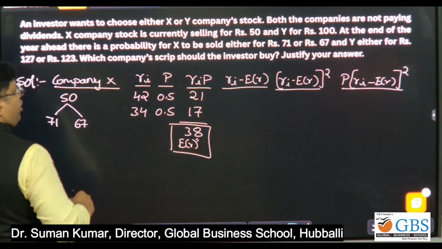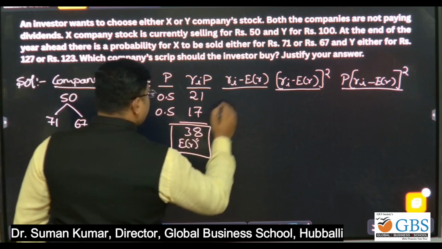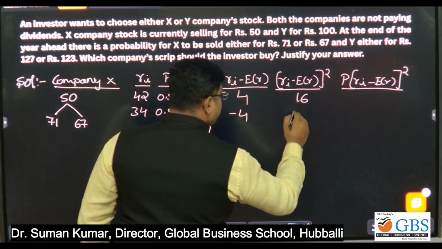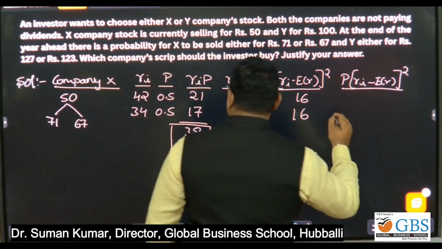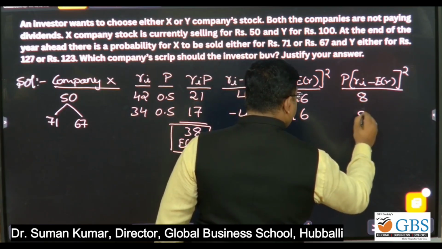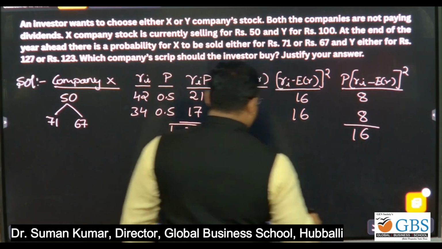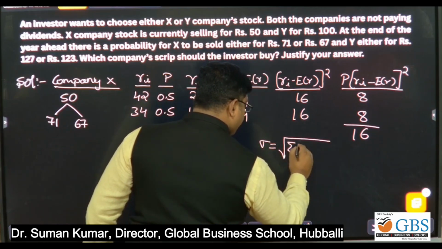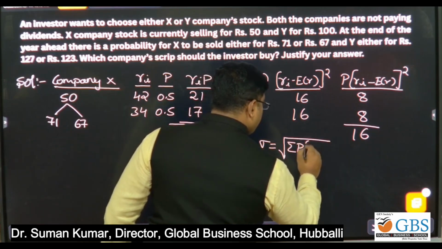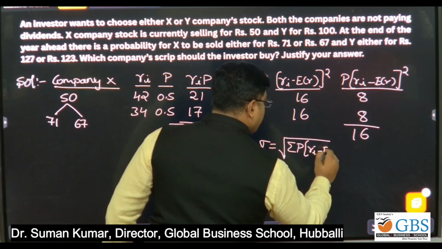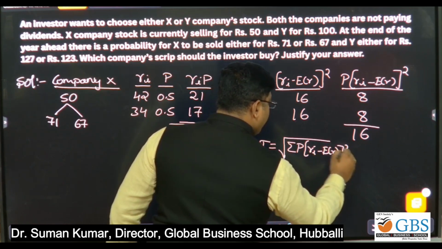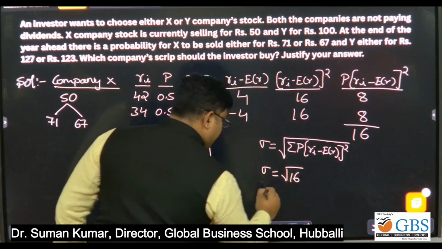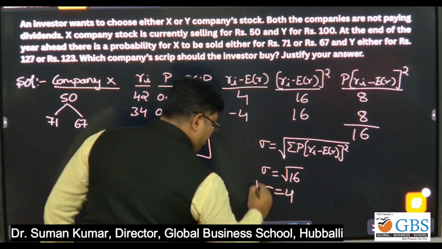Then 42 minus 38 is 4, 4 squared is 16, then 8 and 8, this is 16. Therefore, standard deviation is equal to square root of summation P into Ri minus E of R whole square, that is standard deviation is equal to square root of 16, standard deviation is equal to 4. Done.